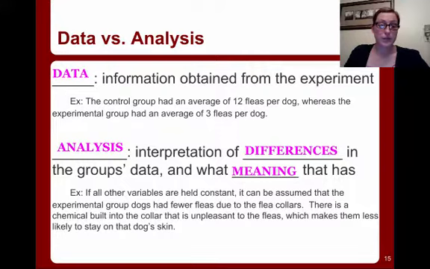So now you've done your experiment. And from that experiment, you have collected a lot of data or information that you got while performing the experiment. So an example of data would be simply the counts. Maybe you average them together. So in the control group, the average was 12 fleas per dog, whereas in the experimental group, the average was 3 fleas per dog.